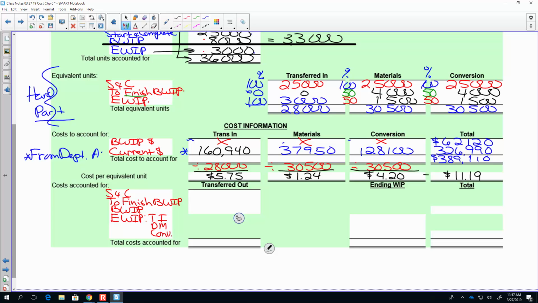I'm sorry, $11.19. Guys, is my math okay?